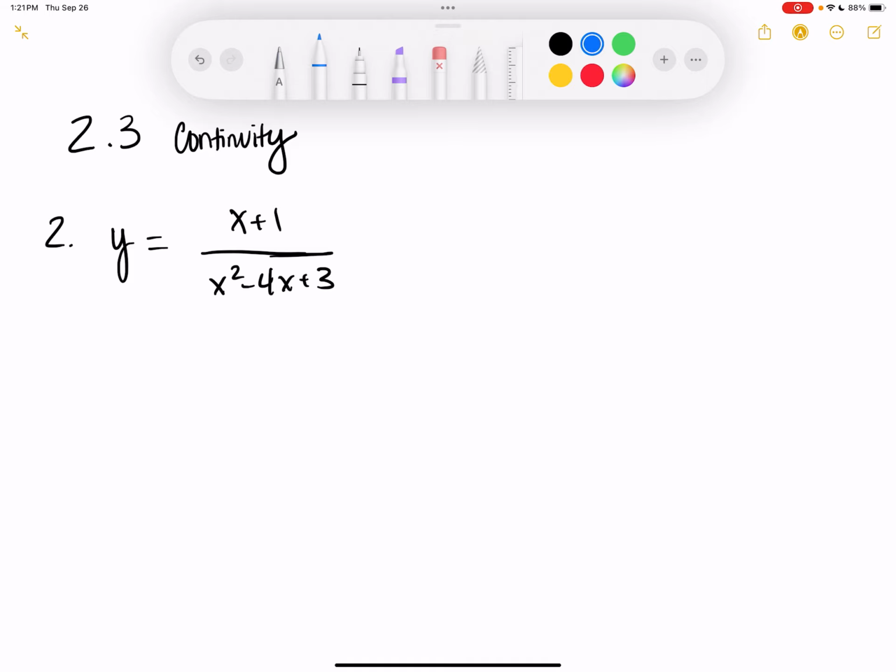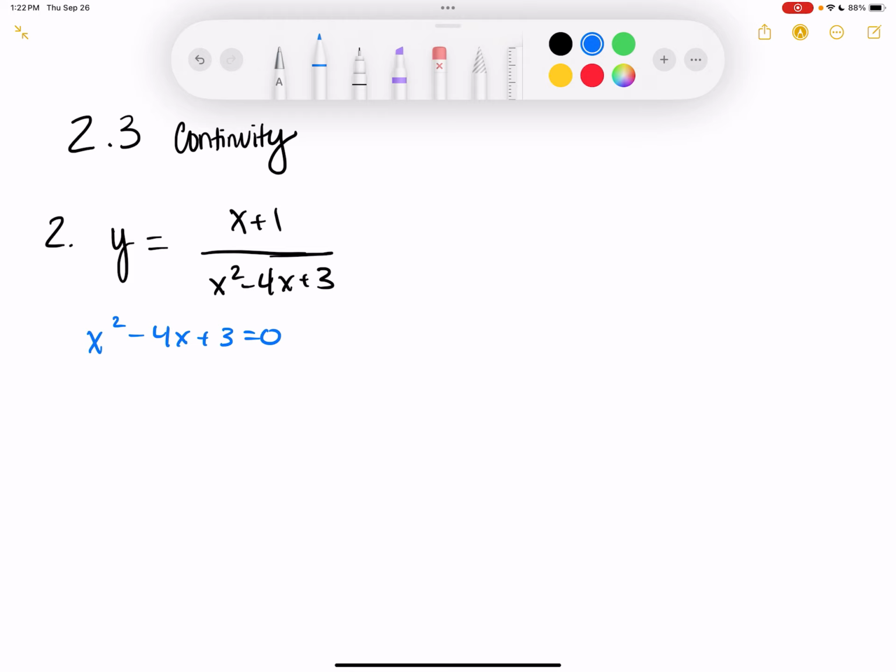Alright, to find points of discontinuity, set the denominator equal to 0. Sometimes you can also look at a graph and see, but we need to be able to do it mathematically. So, x squared minus 4x plus 3 equals 0. What does that factor into?